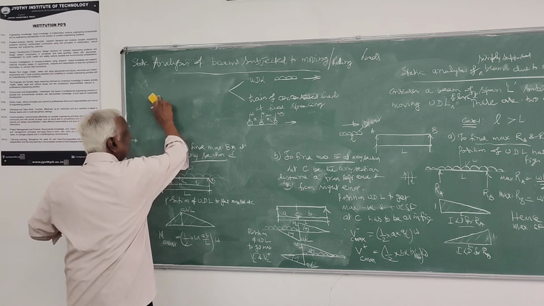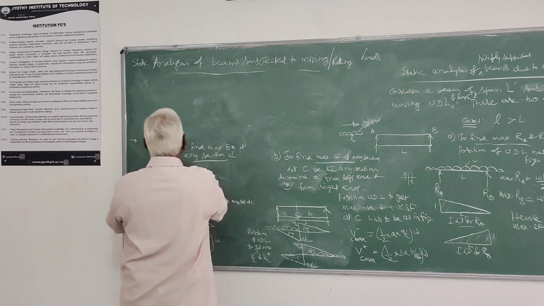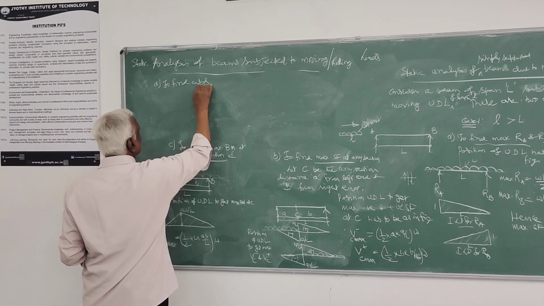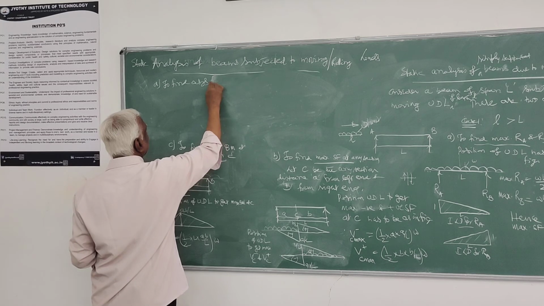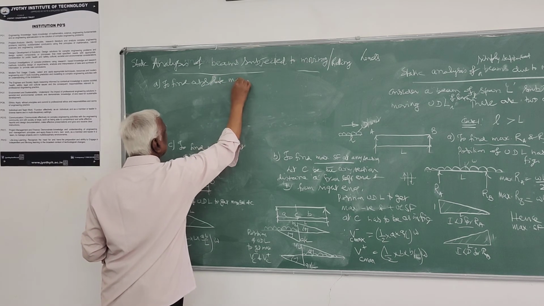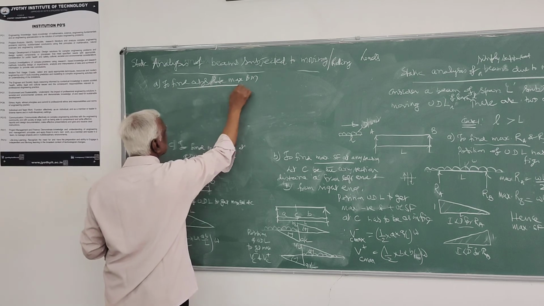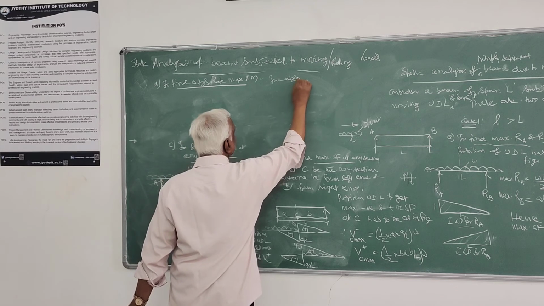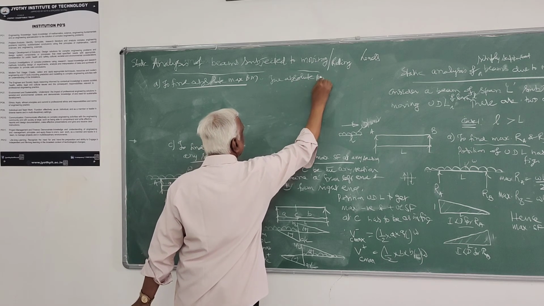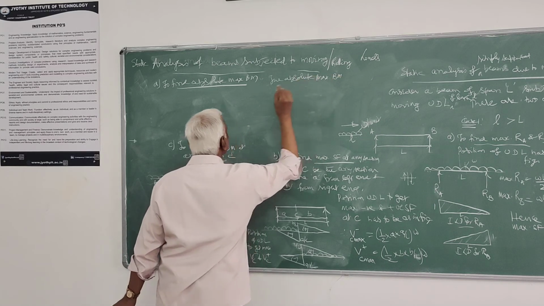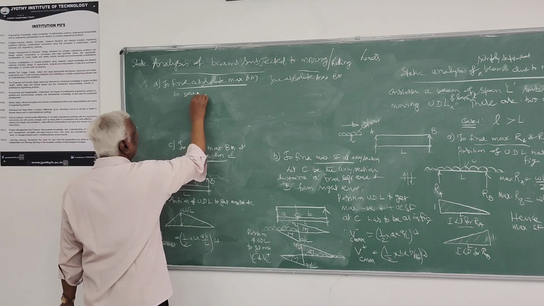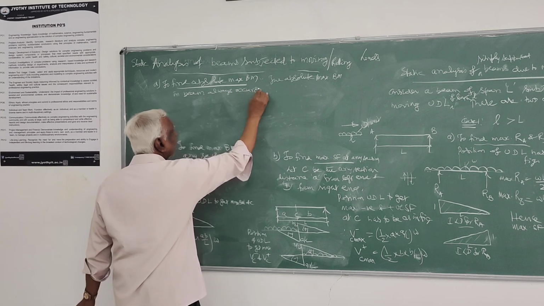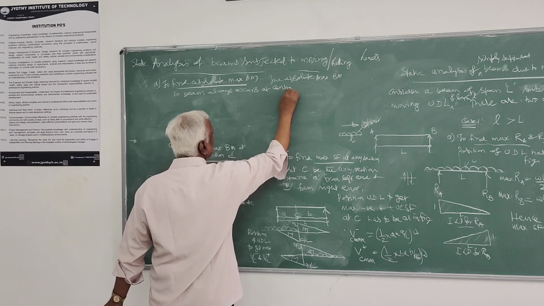Now, to find the absolute maximum bending moment, you can just say the absolute maximum bending moment in a beam always occurs at the center of span.